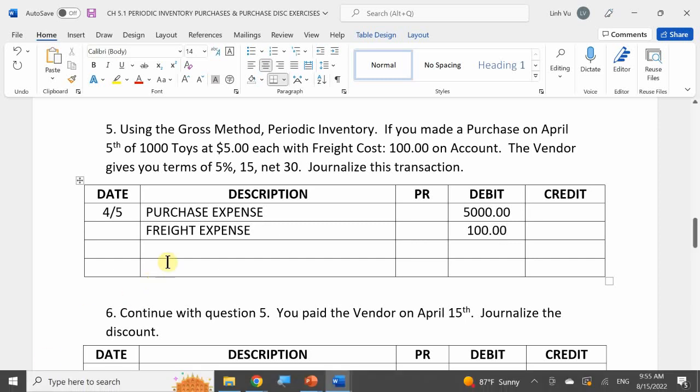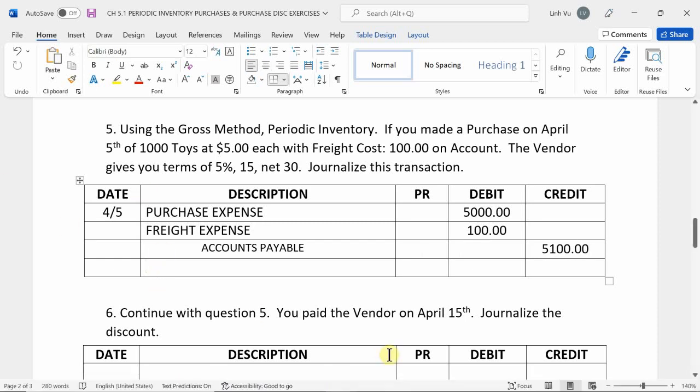So what account am I going to recognize that I owe a vendor money? Accounts payable. Correct. So again, that is 5,100. You owe 5,100. And of course, you could put that you purchased 1,000 units at $5 each.